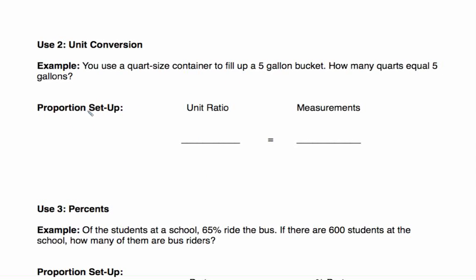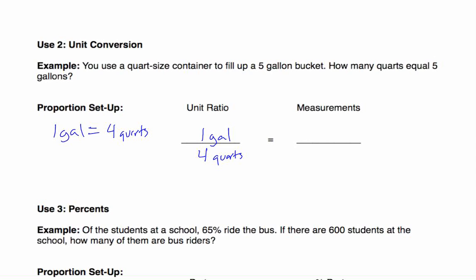So let's see. You can look on your formula chart and find out that 1 gallon equals 4 quarts. Okay, so if that's the ratio I get from my conversion chart, I'm going to use that as my unit ratio. 1 gallon equals 4 quarts.